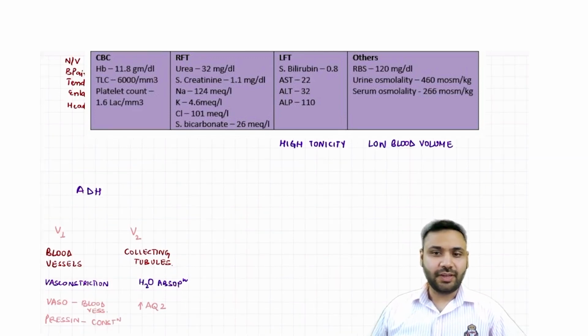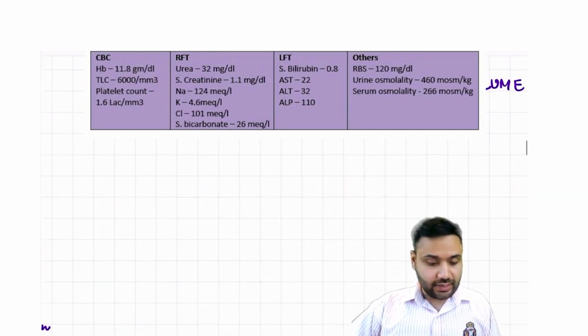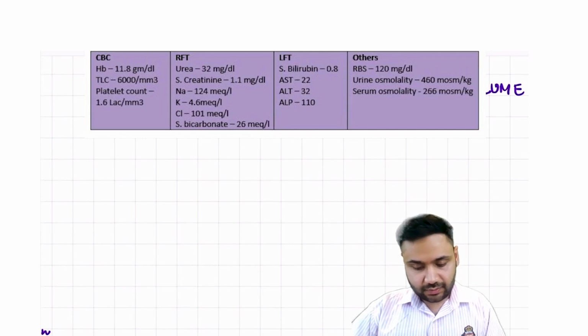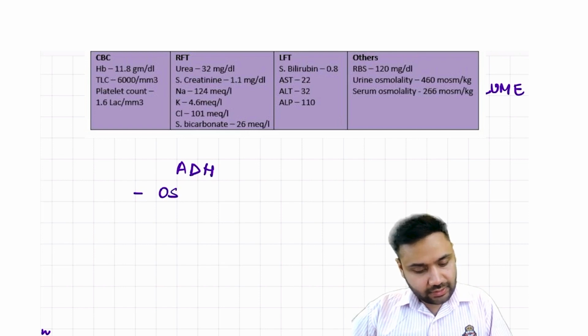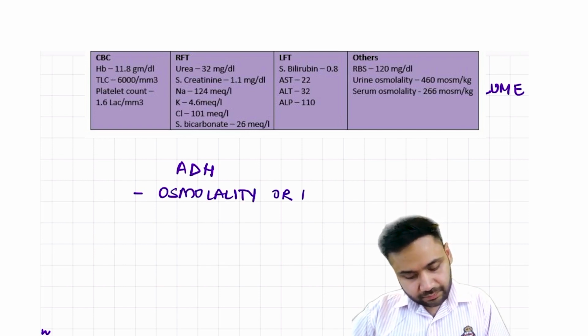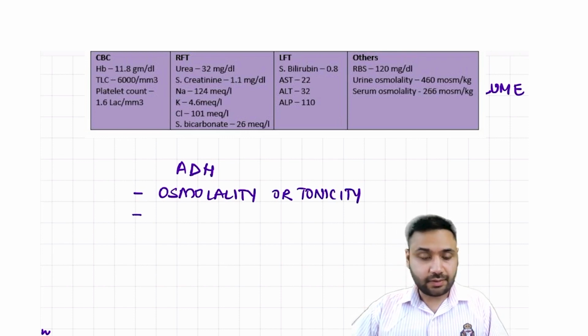Let's move on to the regulation of osmolality and blood volume by ADH so as to understand how SIADH can be diagnosed in a patient. ADH, as we discussed, maintains osmolality or tonicity of plasma and blood volume.